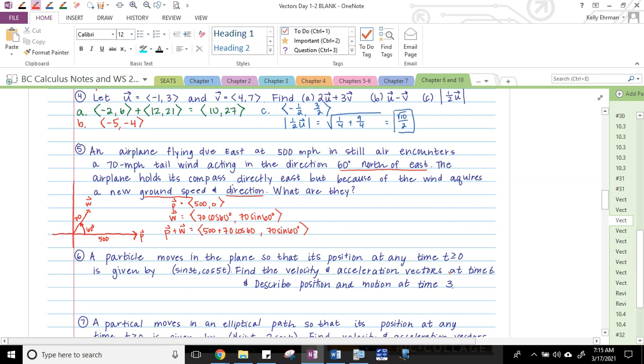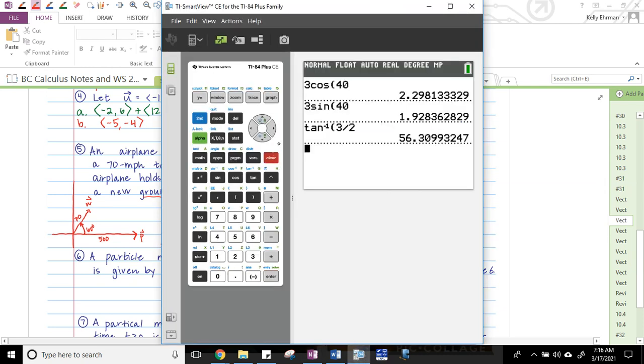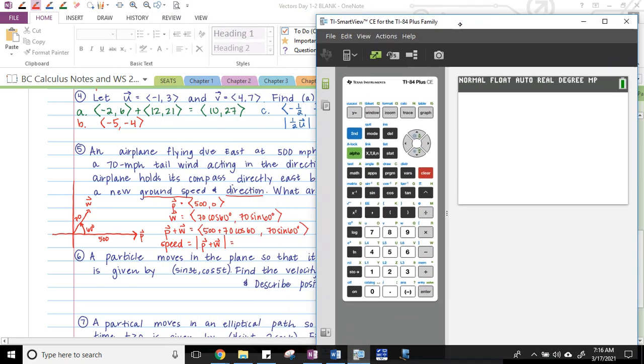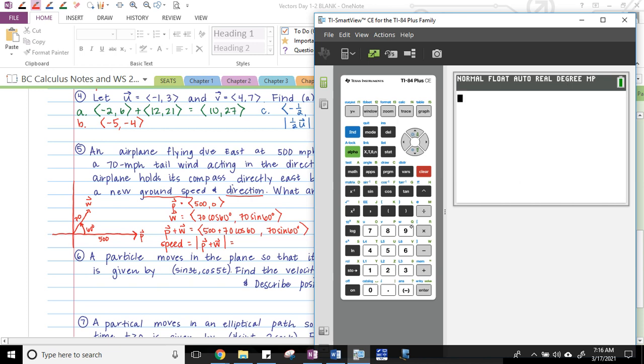Remember, speed is just magnitude. Speed is the magnitude of P plus W. Now, it would be the square root of this squared plus this squared. I'm just going to type it into my calculator because I don't want to write it all out. So I'm in degree mode. I'm just double checking that.